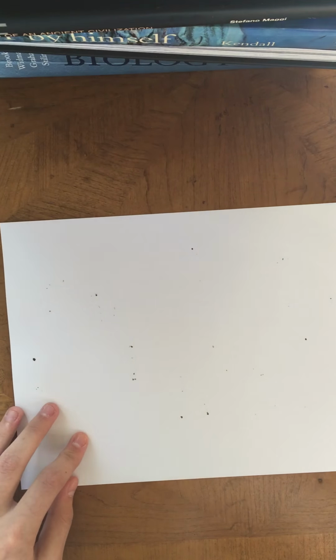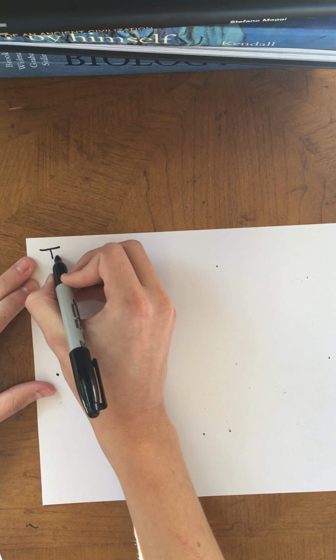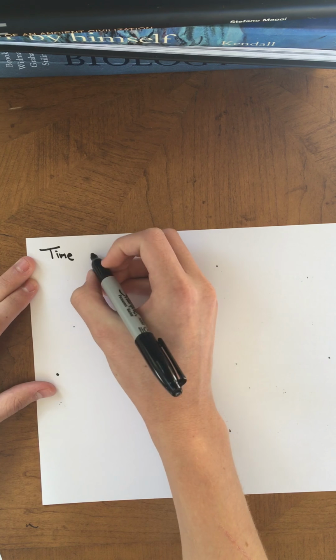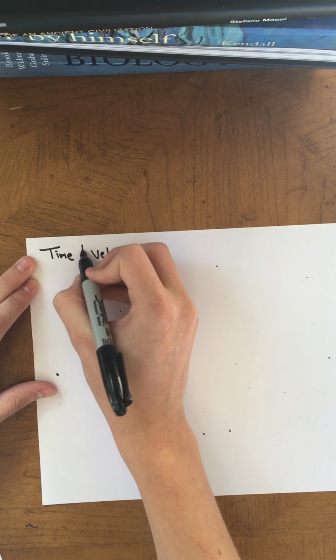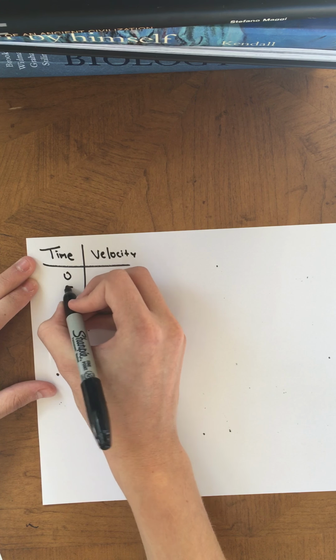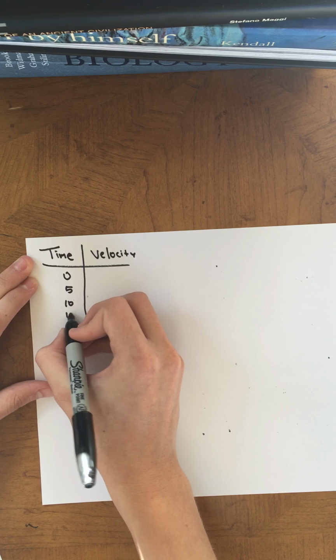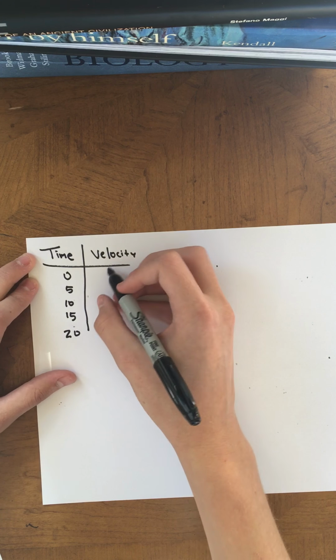And then another very common way is if you were to have a table of values. So let's just say here's time and here's velocity, and let's have our intervals of time be 5 seconds. So we start at 0, 5, 10, 15, and then 20. And then we have the velocity at each of these intervals.